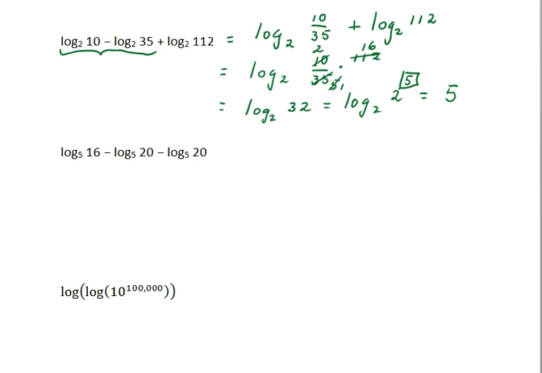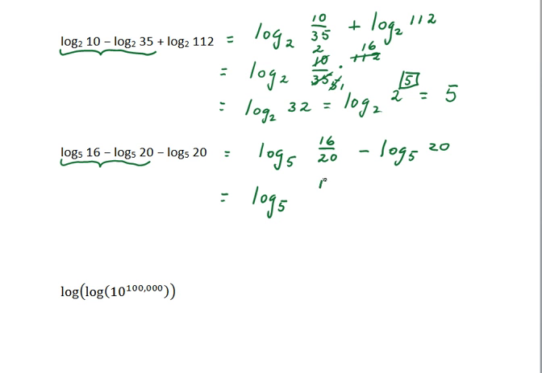In the next example, again, we work from left to right. Again, we'll have the difference of the logs is the log with the same base of the quotient. This time minus the log base 5 of 20, which will be the log of the quotient again.